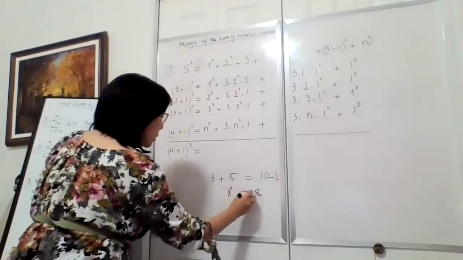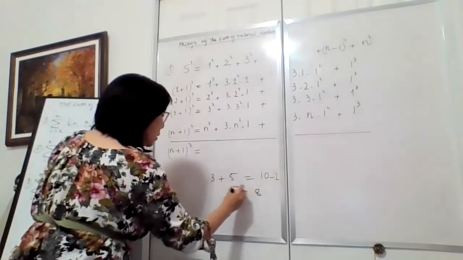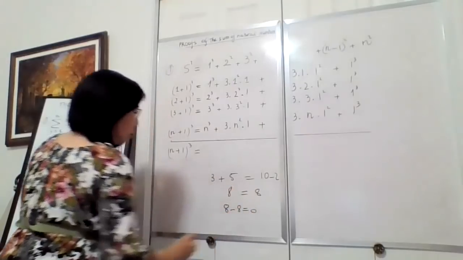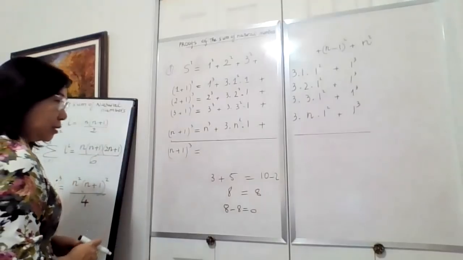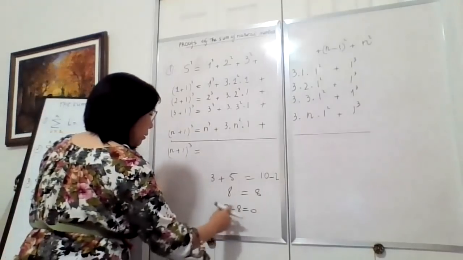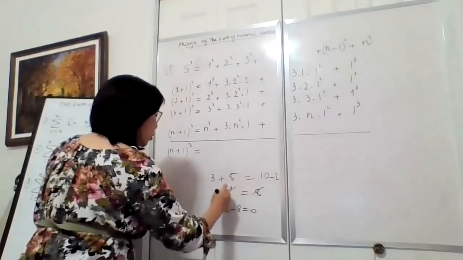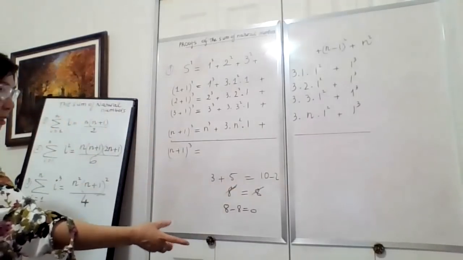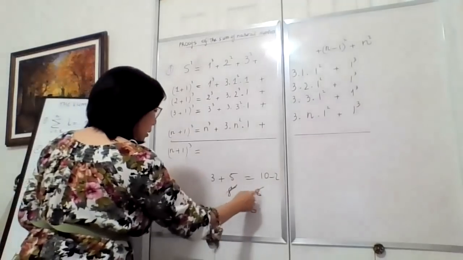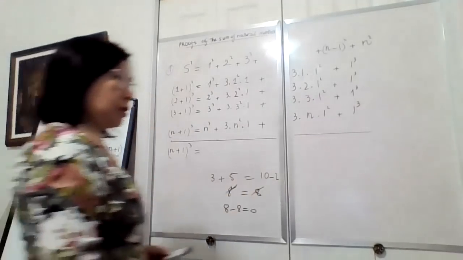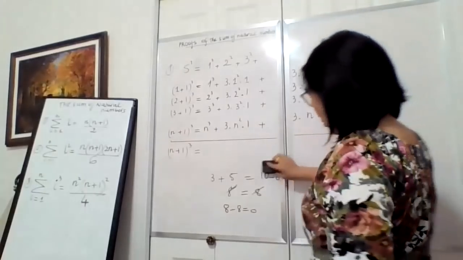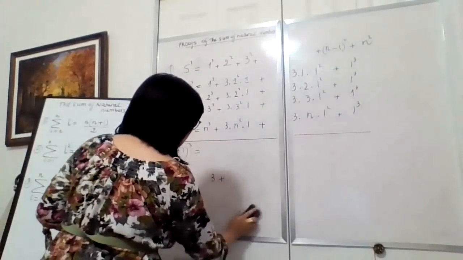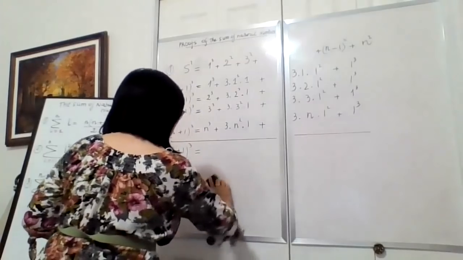What happens if they are the same? If you move this to the other side, a minus a equals 0, it cancels out, right? So instead of doing it like this, I just say I'm going to cancel if they look the same on the left-hand side and on the right-hand side. If they are a and a, just cancel it, equals 0, right? So that's the scenario.